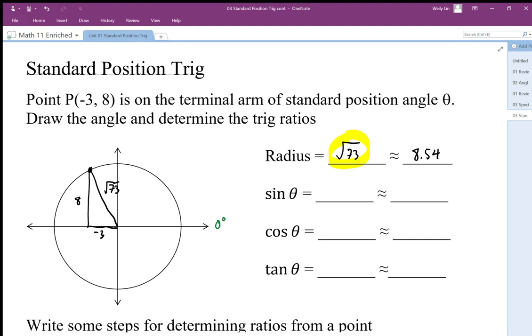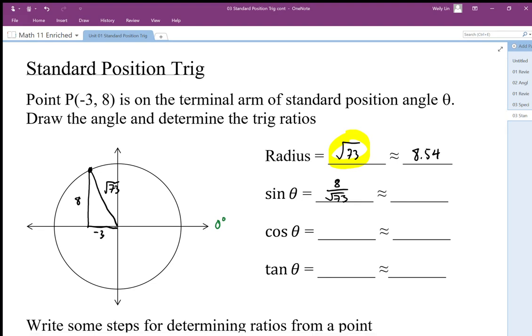So I want to figure out the trig ratios. The sine ratio is going to be the opposite, which is really y. So sine goes with y. It's going to be 8 over square root 73. Now that does have a decimal equivalent, but again, we're going to stick with the 8 over root 73.